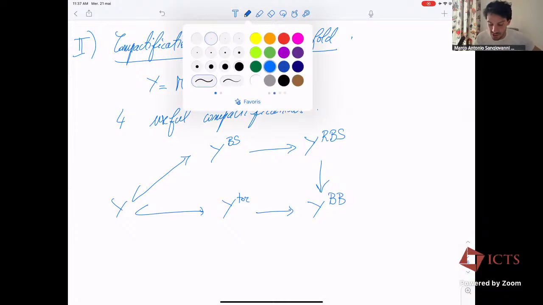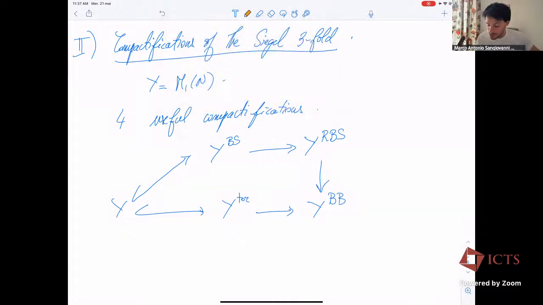Let me just try to organize them and say that this side, the bottom arrow, is where the compactifications are algebraic. So this one is smooth, but this one is singular in general. So in the case of Siegel theory, it is singular. So let me just say singular.